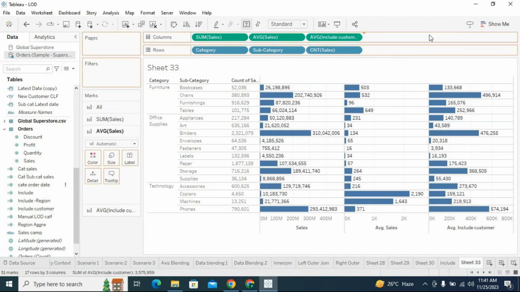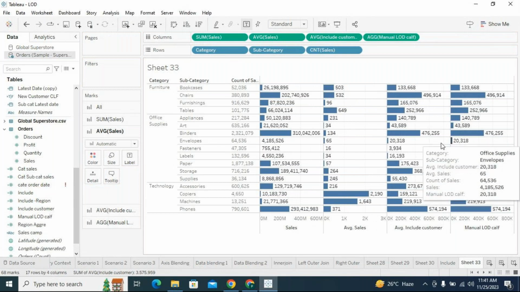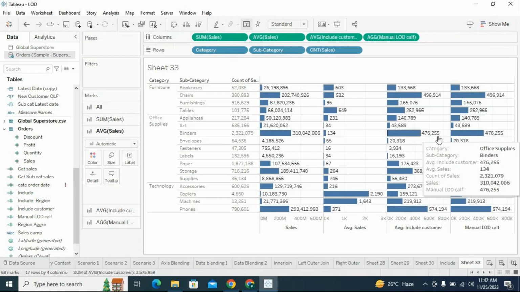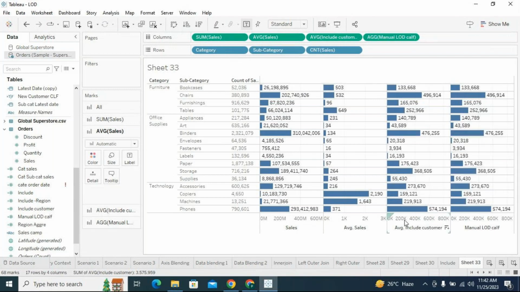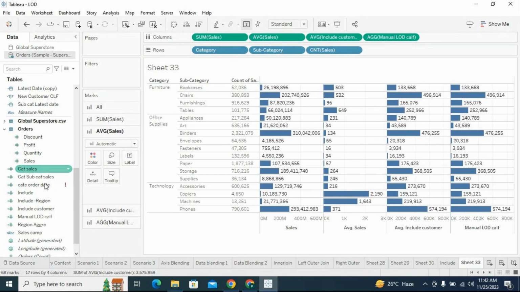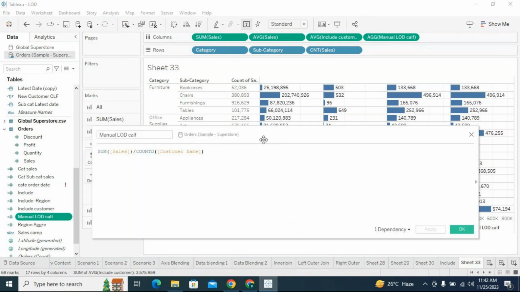Let's drag it into the report. What is it returning? The same result. Got it? So instead of the LOD, there is an alternative to write calculations with normal functions, but it should be very clear. We should understand how to write the calculation. This is also a way we can write a calculation.